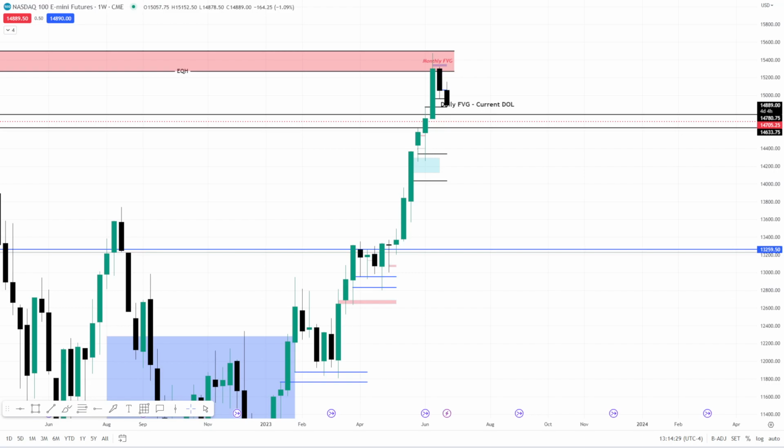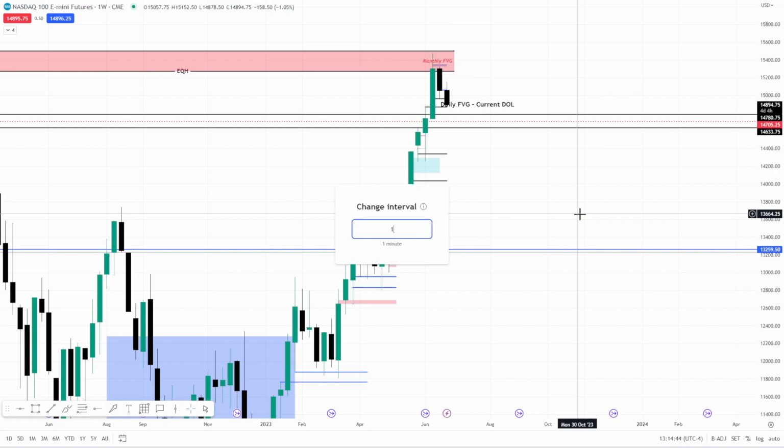So on the 5-minute time frame, we do have equal lows, and that could be a run on liquidity, which would give us that rejection. All right.